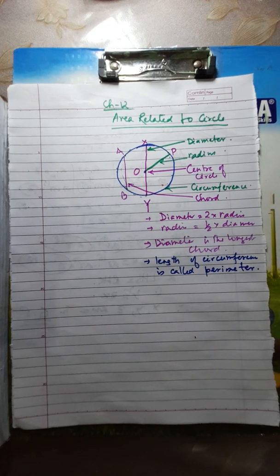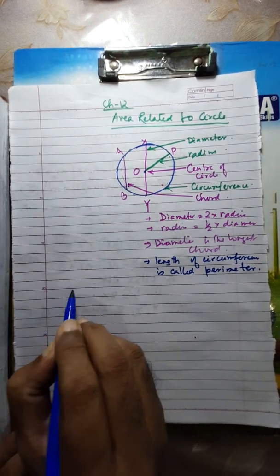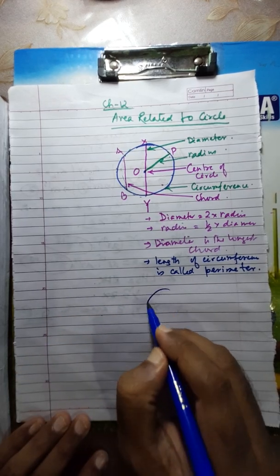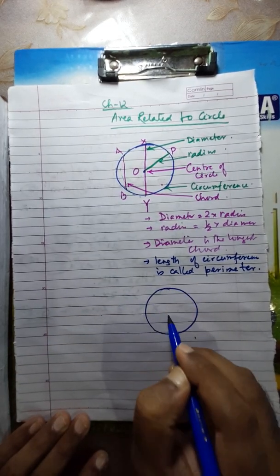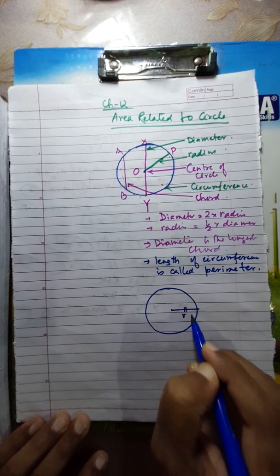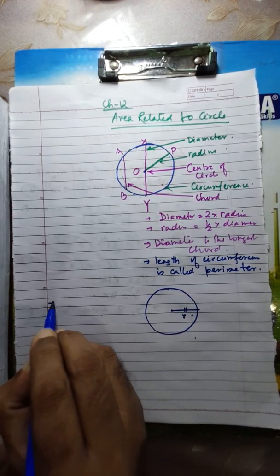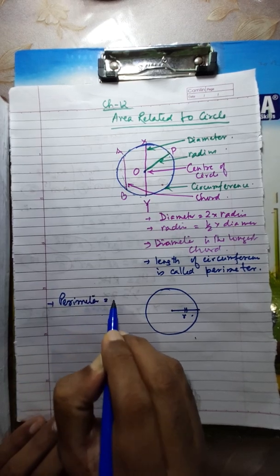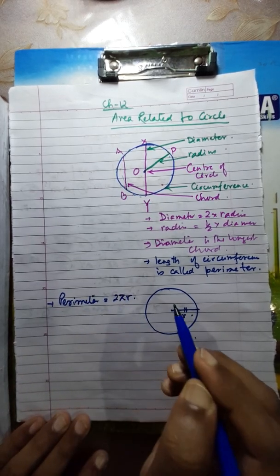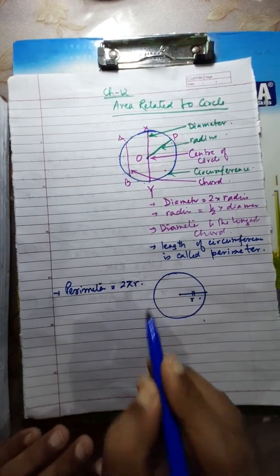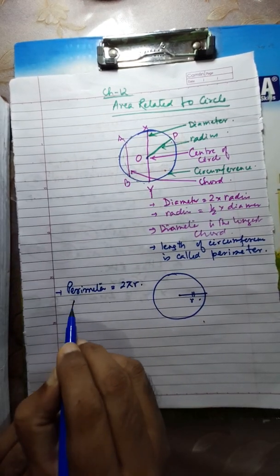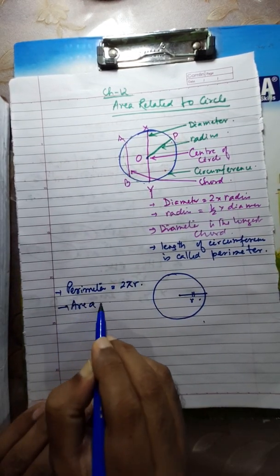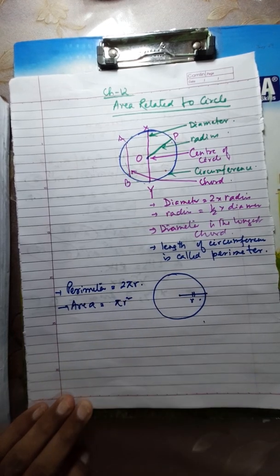Now see some formulas. If r is the radius, then the perimeter is twice pi r. Area is pi r square.